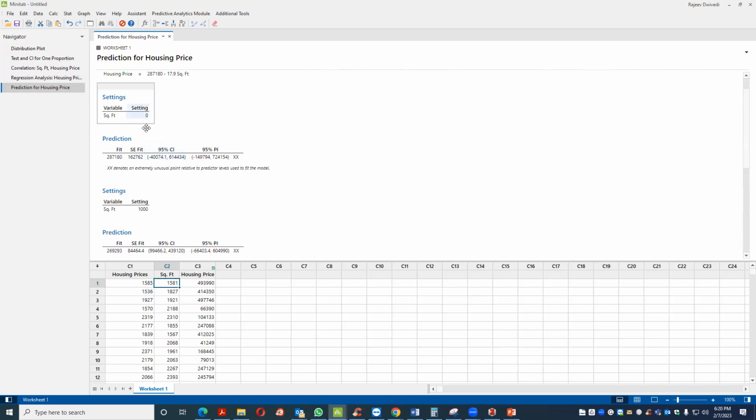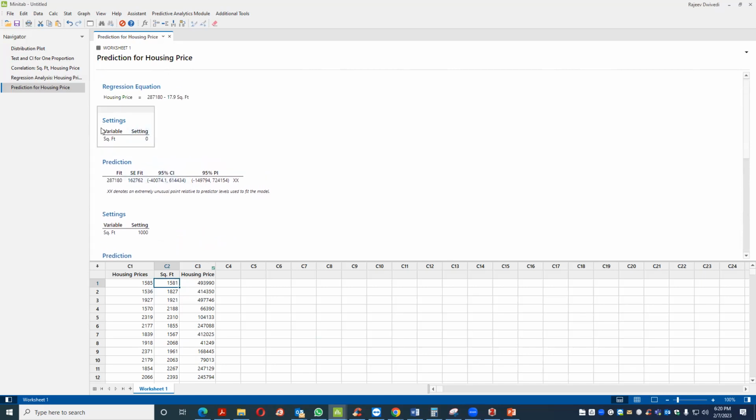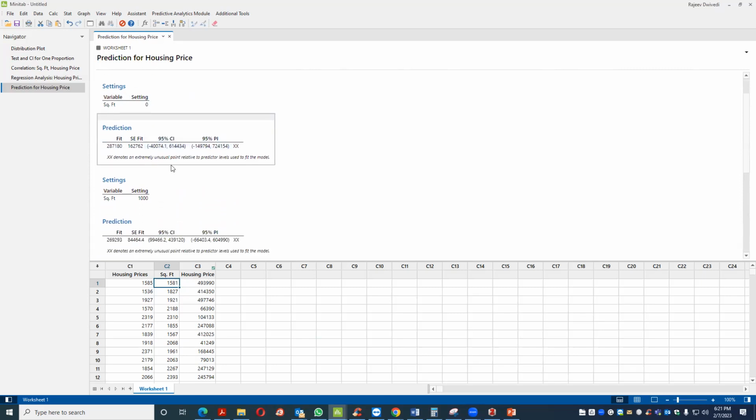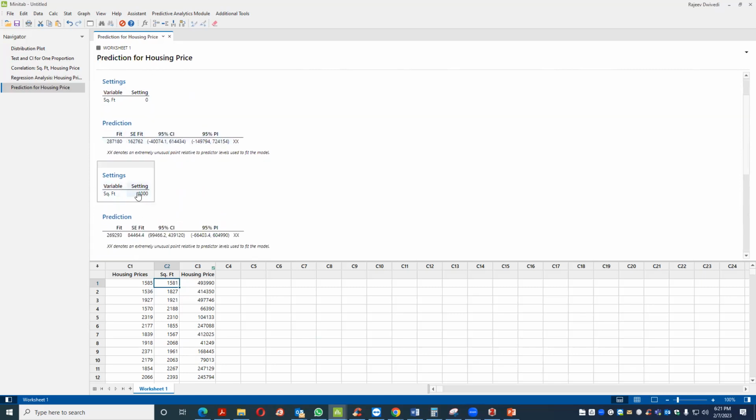Predict, this is 0 square feet. For 0 square feet, the fit value is coming to 187,000, and this part is going to be the standard error of it. The 95% range is negative to this, which is unusual. So for 1,000 square feet, how much is it coming?